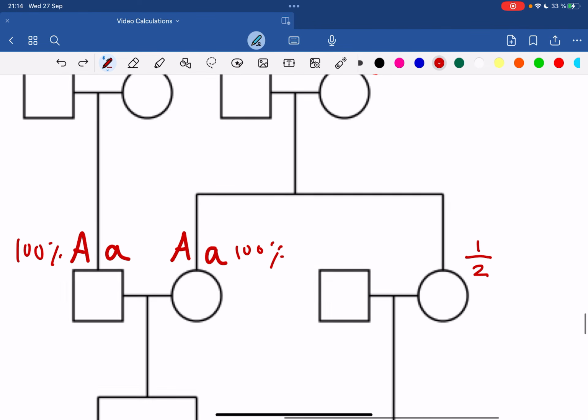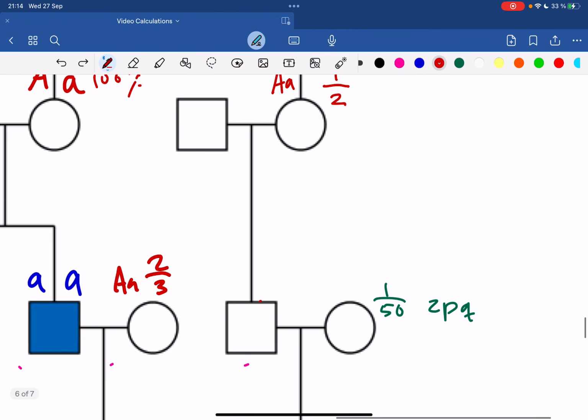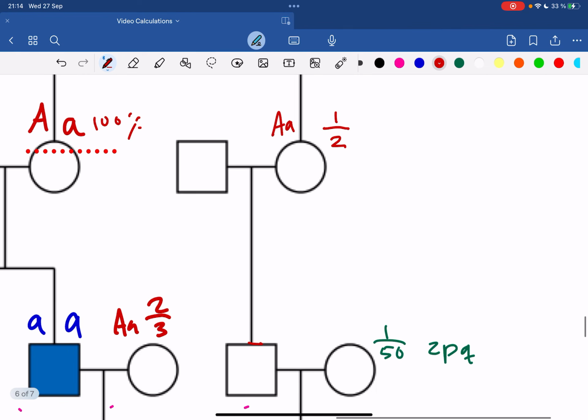To calculate their probability to be heterozygous, this person is irrelevant. Now we'll look at this person's probability to be heterozygous, and that's of course 1/2 of their other first relative, which is their mother in this case.